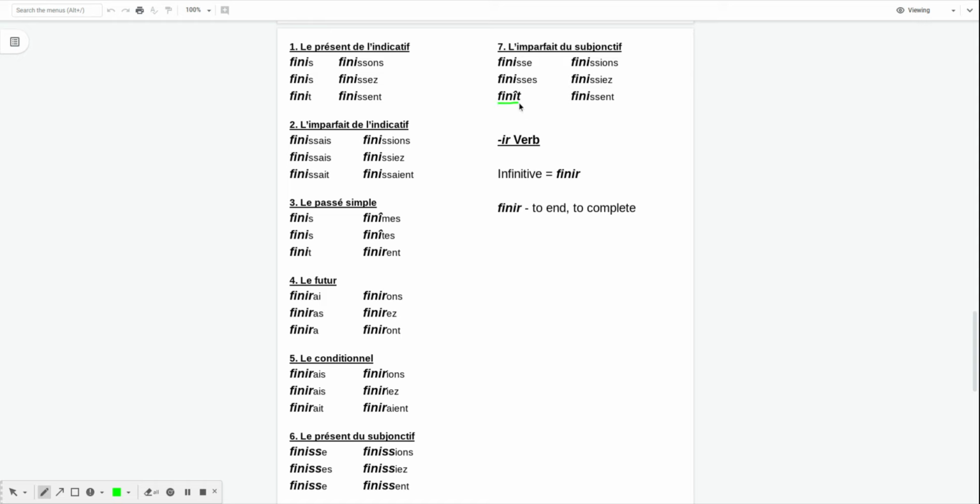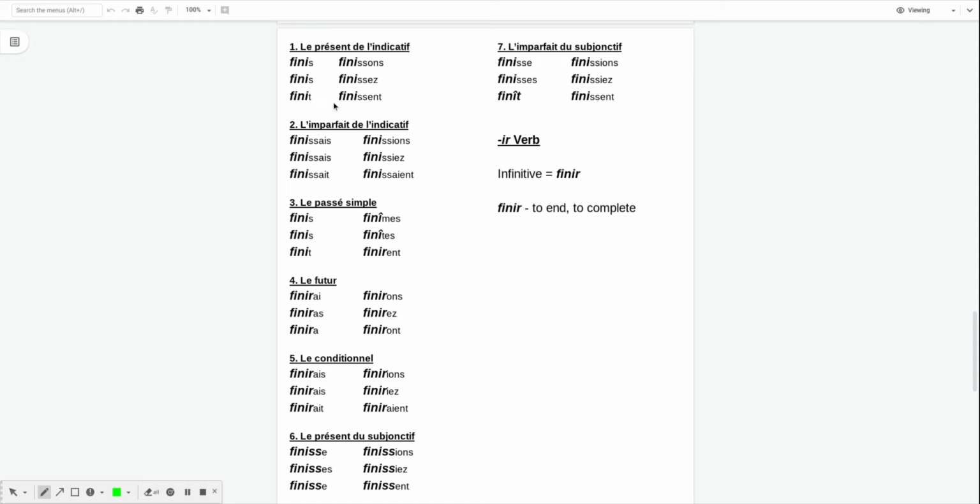L'imparfait du subjonctif has the FINIT form, which is very similar to what's found with an ER verb.